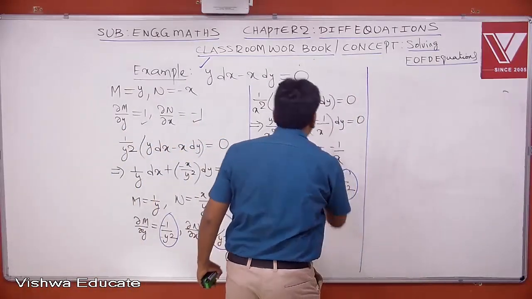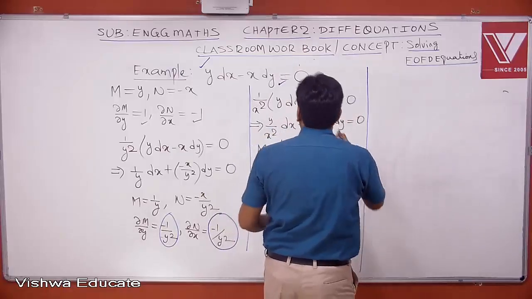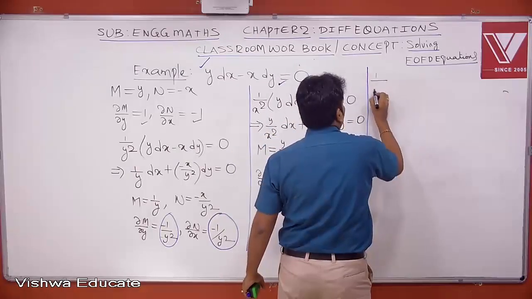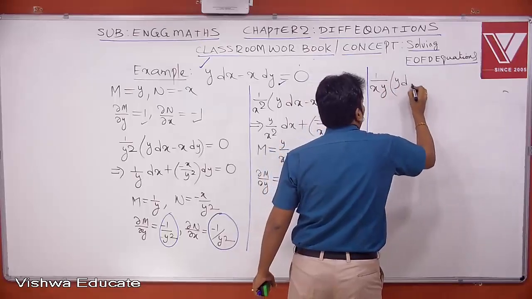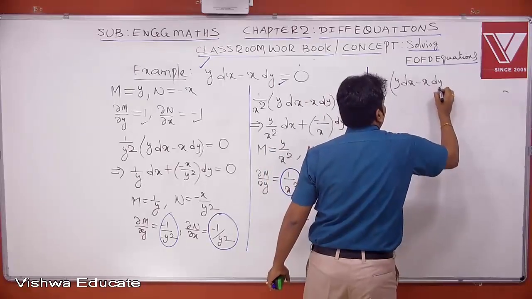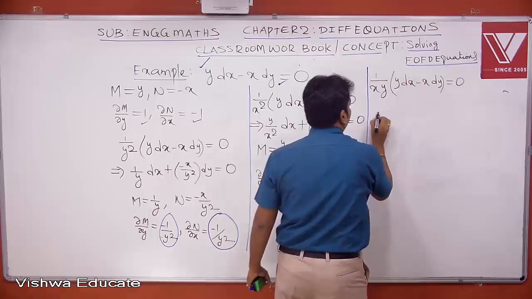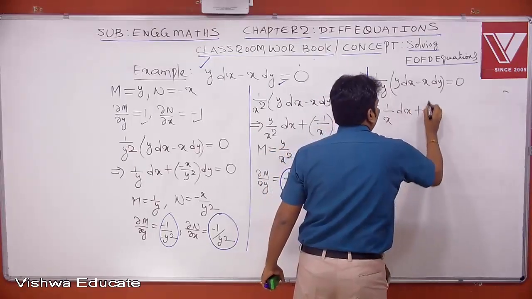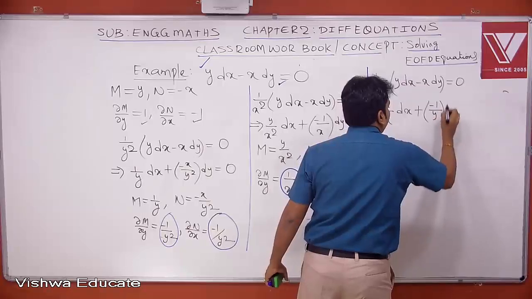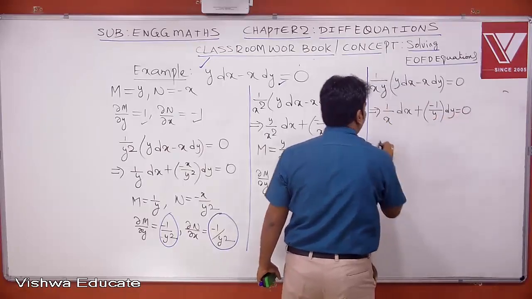Now, let us prove that it has another integrating factor. I will try to multiply this equation with 1 by xy. So, 1 by xy into y dx minus x dy equal to 0. This implies 1 by x into dx plus minus 1 by y into dy equal to 0.